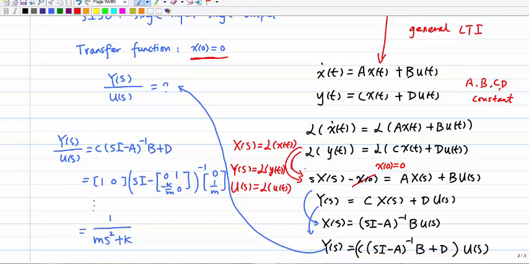Now we use the property for derivatives, which you can check in the table. The Laplace transform of the derivative is s times the Laplace transform minus the initial condition.